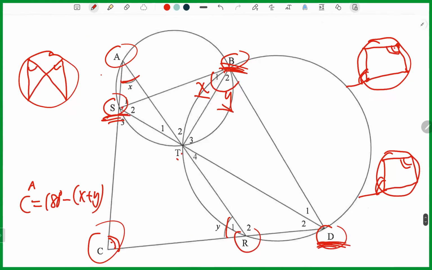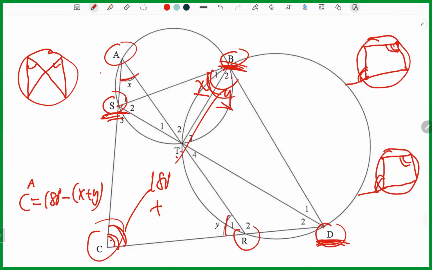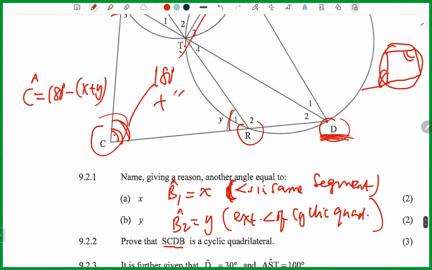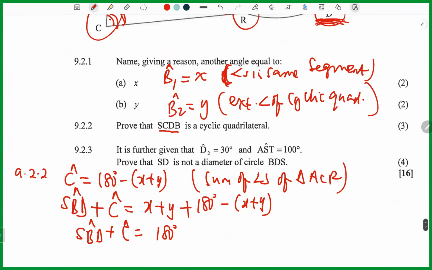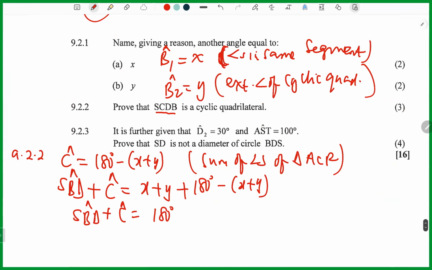If you add these opposite angles, you get 180 degrees in summation. So that is what is desired there.